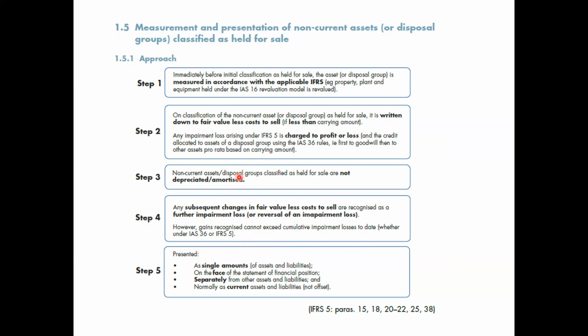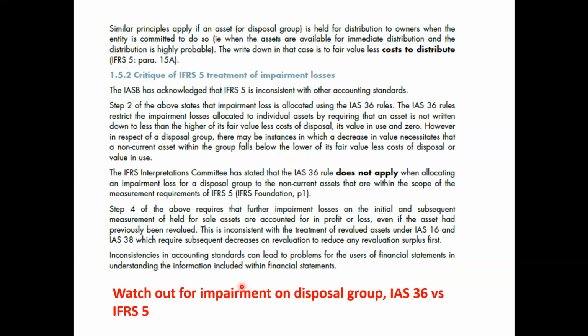And then this non-current asset held for sale, whether it's one asset or a group of assets or a disposal group, it will be presented as a single amount on the face of the financial statements, separate from all other assets, but normally as a current asset and liability. And we need to make sure that we understand those specific requirements, those steps.